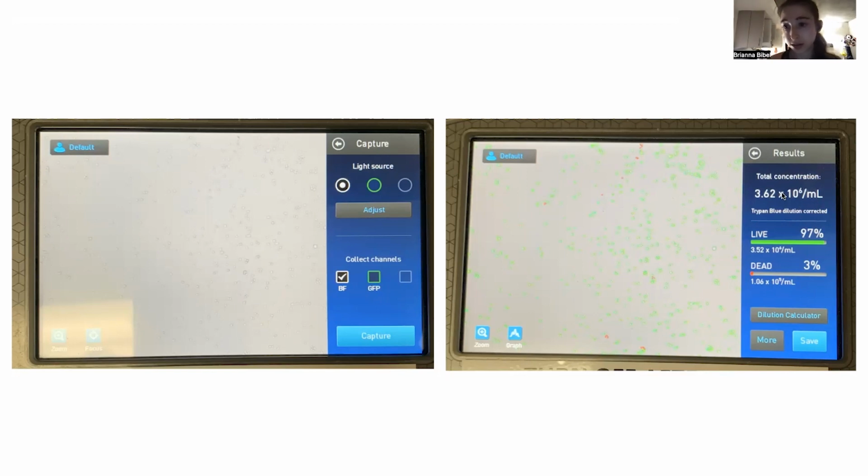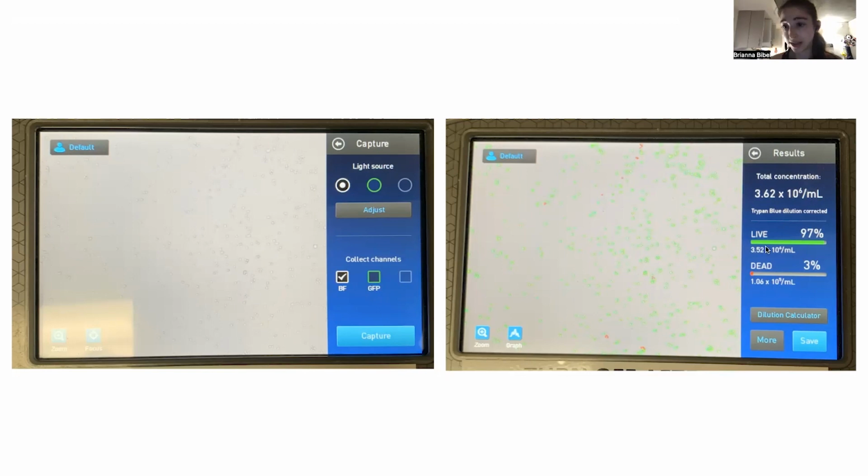When you put your sample in the machine, it's going to tell you the concentration. Here it's 3.62 times 10 to the 6 per mil, so about 3.6 million cells per milliliter. But only 97% of them are alive.